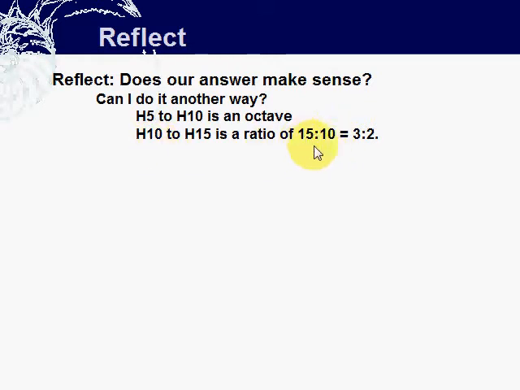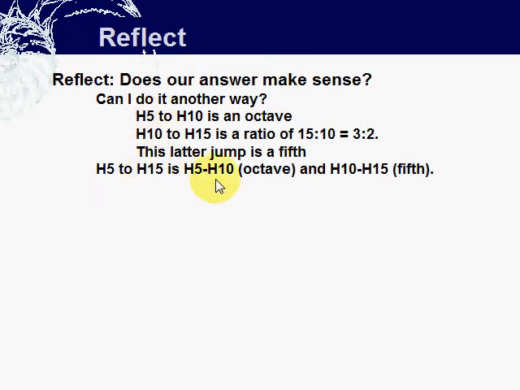You can think of this as dividing the 10 into the 15, which is greater than 1. It's really a ratio. It's 3 to 2. In other words, 15 divided by 10 reduces to 3 to 2, and that's a fifth. So my answer is the two-step process, octave plus a fifth.